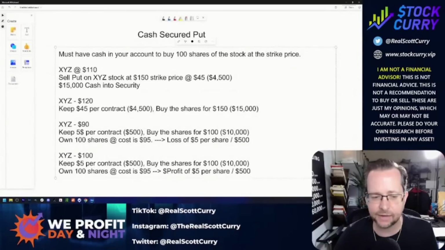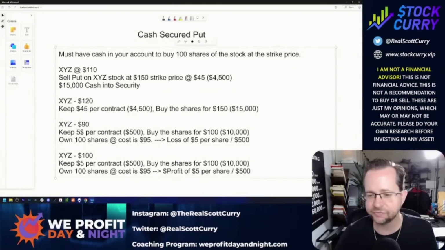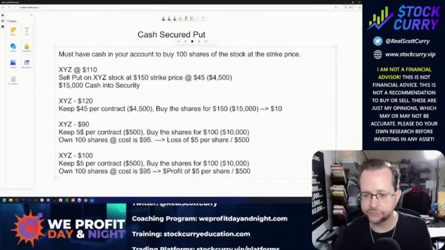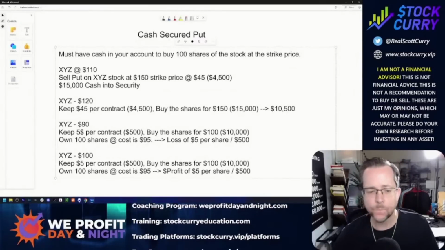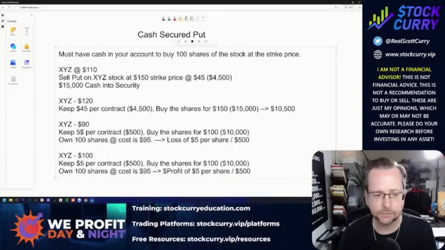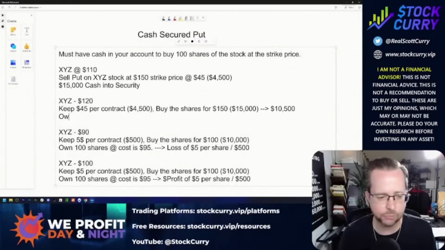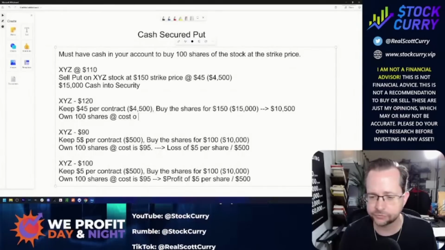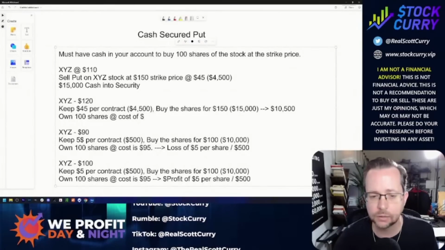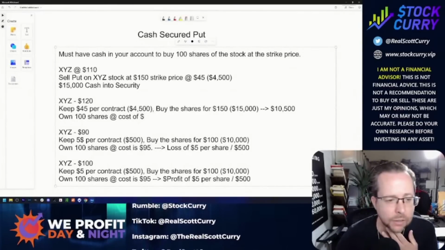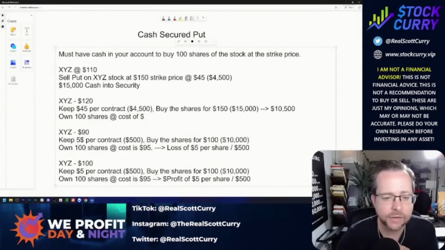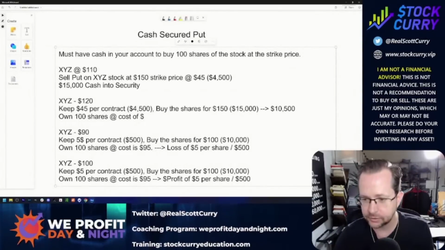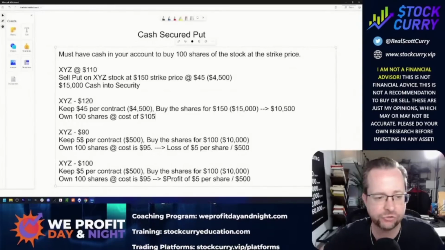You pay 15,000, you keep 4,500. Your net is 10,500. But what does that mean? That means that you own these 100 shares at a cost of $105 per share.